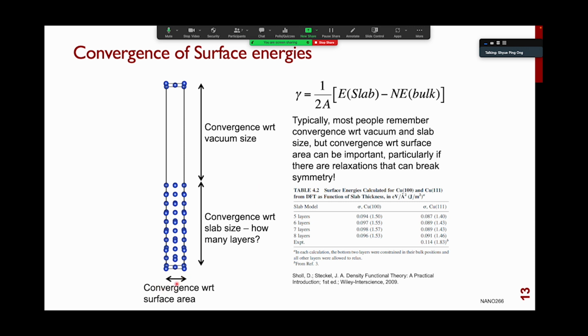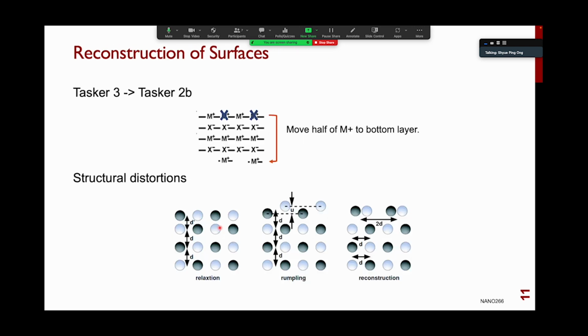Now there is also a consideration that very few people take into account, which sometimes can be important, and that is convergence with respect to surface area. Especially, if you recall, sometimes you can have effects such as rumpling.